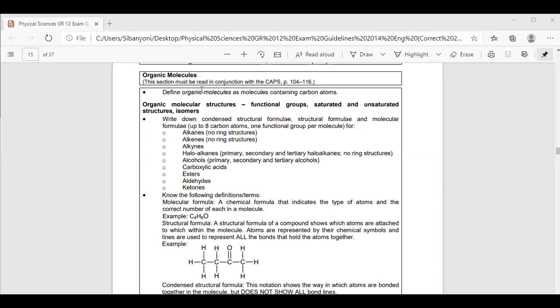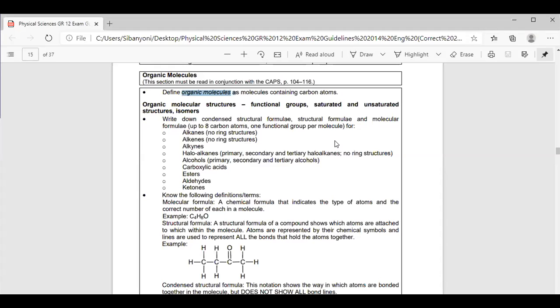So make sure that all of you have your examination guidelines and you use these examination guidelines to get the definitions that we are going to use when we mark you for your final examination for paper 2. So we must know how to define the term organic molecules.